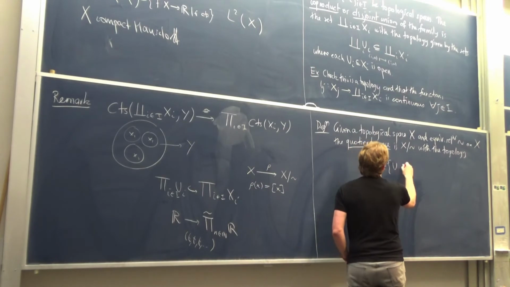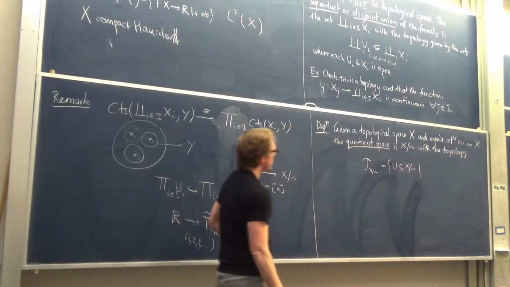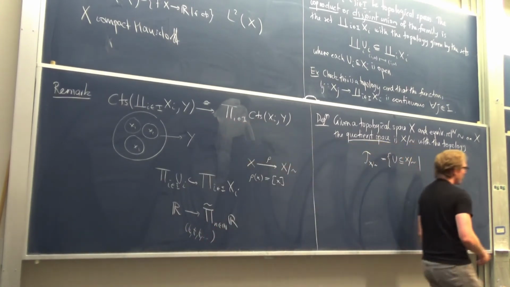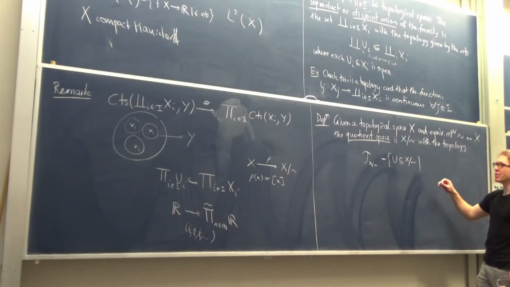is all those subsets, so sets of equivalence classes, such that when I take each equivalence class and just unpack it, the resulting subset of X is open.